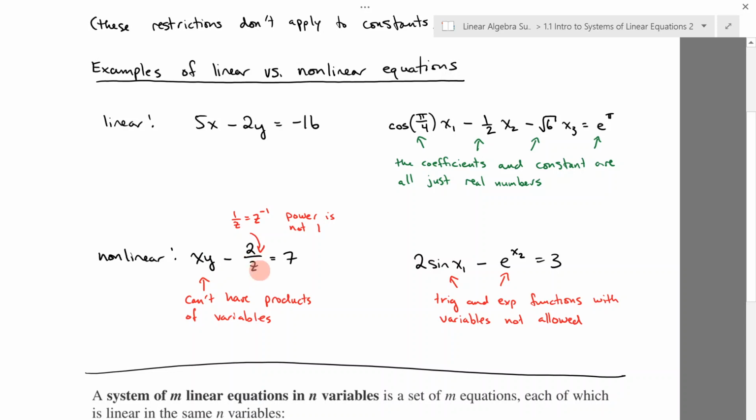You might think, okay, it's written as z to the first power, but really, when z is in the denominator like this, 1 over z is just z to the minus 1 power, so the power for z is actually minus 1 in this case and not 1. That also makes it nonlinear. And in the second example here, we have the sine function and the exponential function applied directly to the variables x1 and x2, so this second example is also nonlinear.